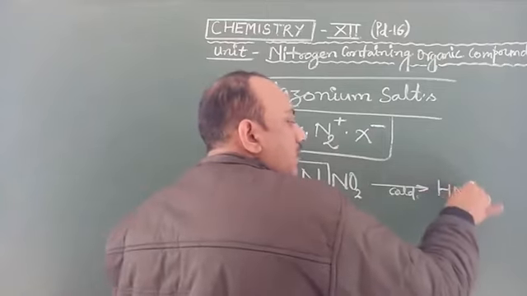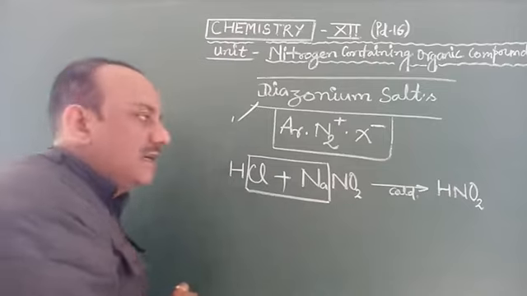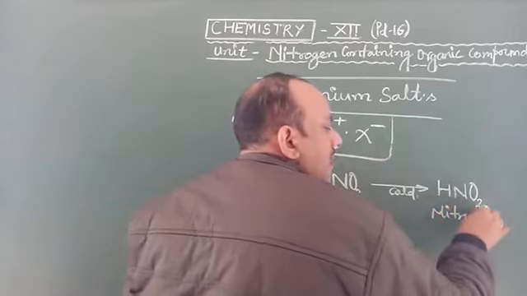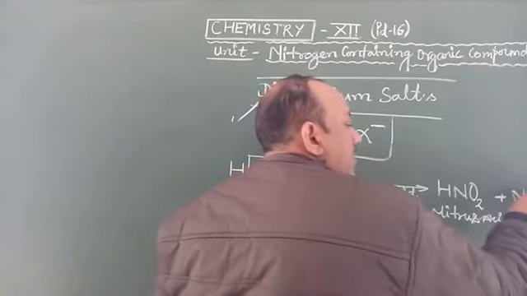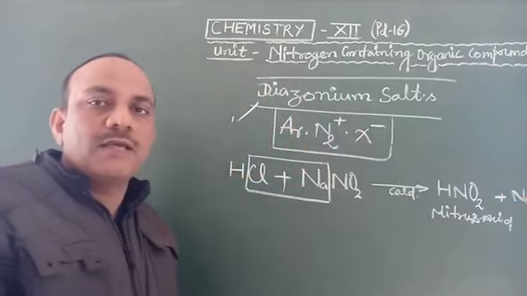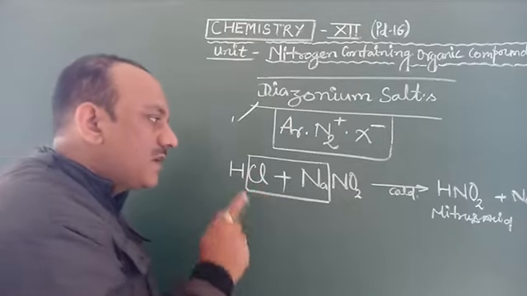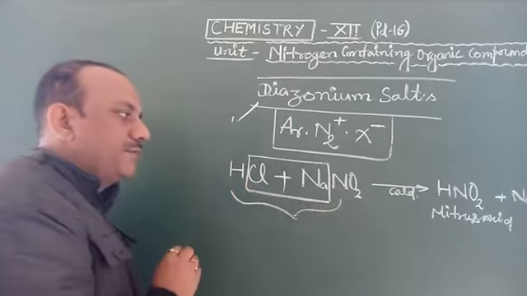Students, you know that HNO2 is nitrous acid, along with sodium chloride, NaCl. But HNO3 is known as nitric acid. So here we produce nitrous acid from HCl and NaNO2.